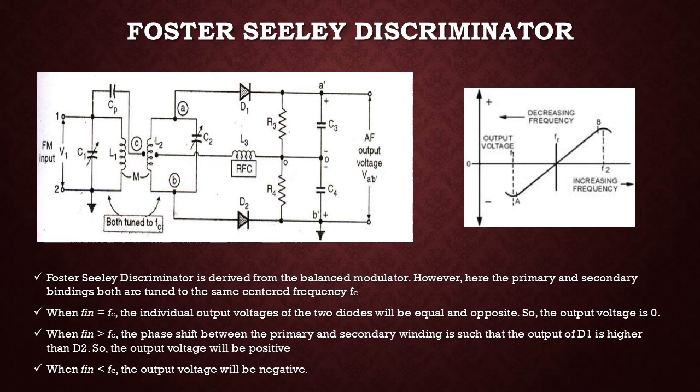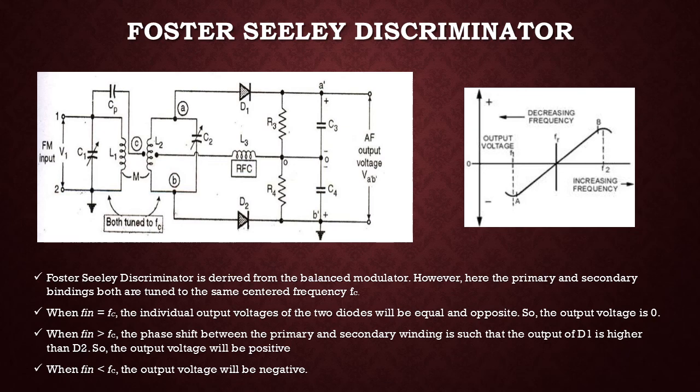They may vary depending on the frequency of the input signal. So, when input frequency Fin equals Fc, the individual output voltage of diode D1 is V1, and of diode D2 is V2.